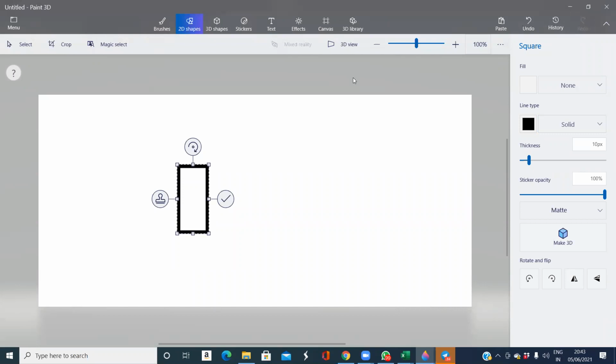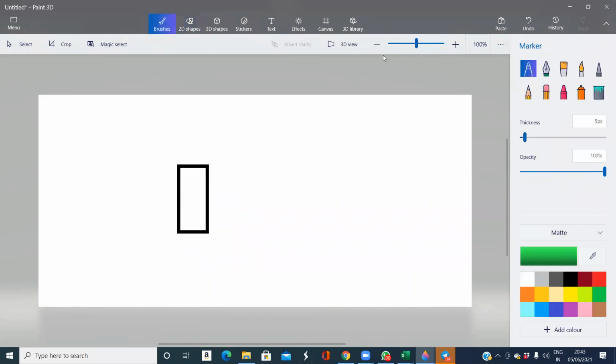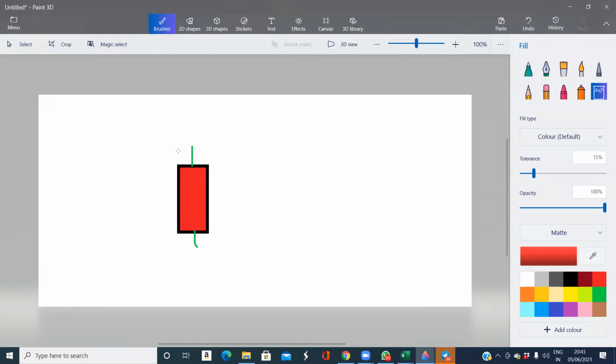This is the red candle now. So for the red candle, this is open.